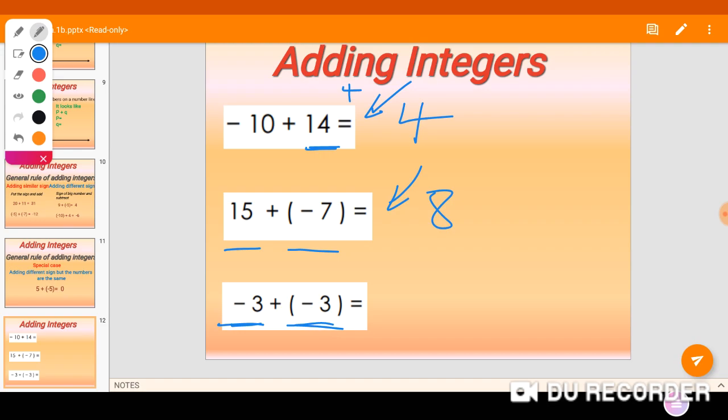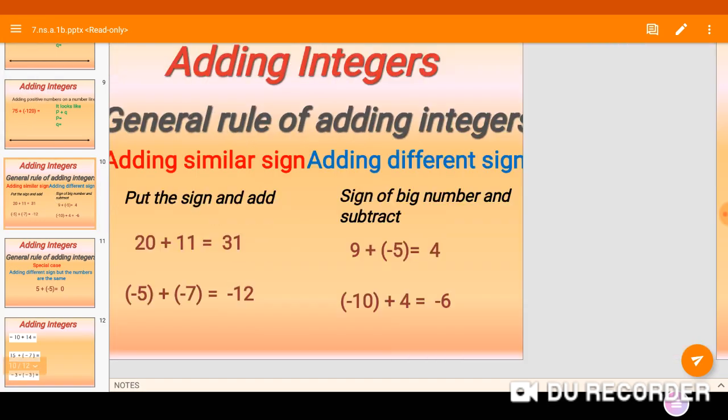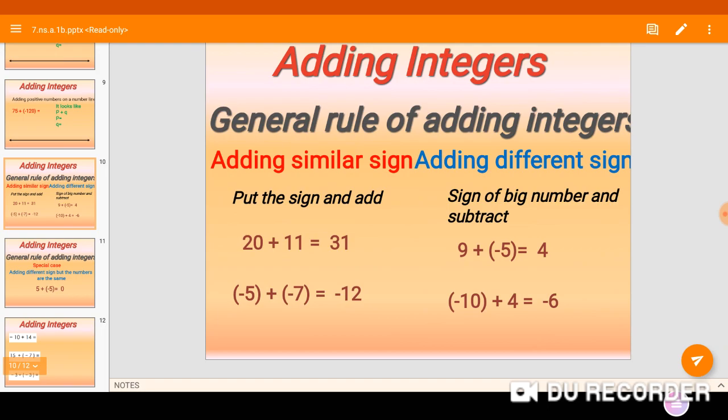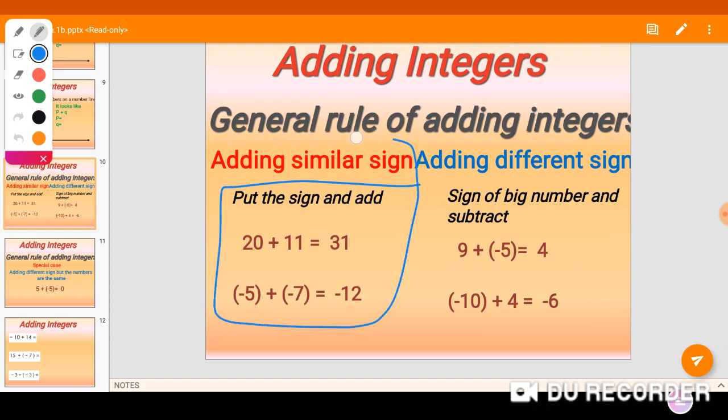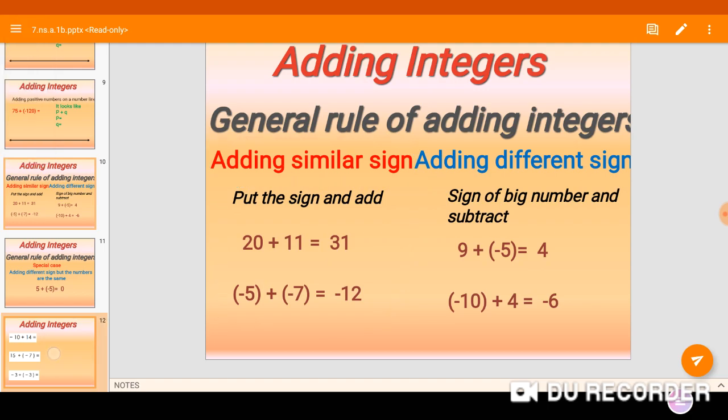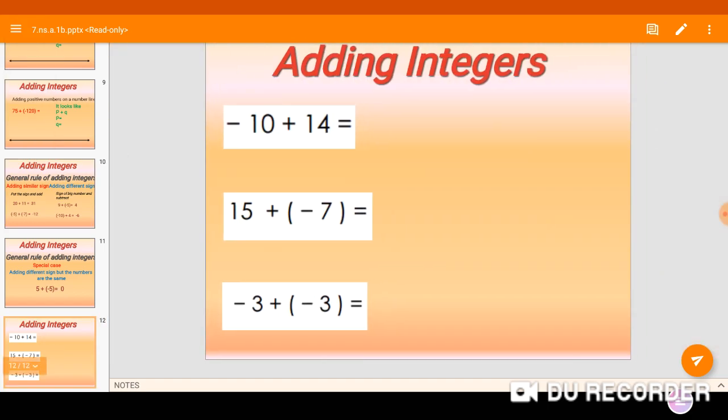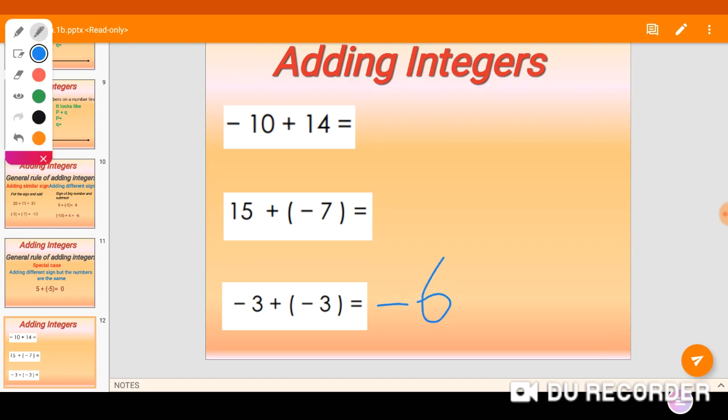Negative and negative, they are the same, so we will use the similar sign rule: put the sign and add. What is the similar sign? Negative. Put the sign, it's negative. Then add 3 plus 3, 6. So it's negative 6.